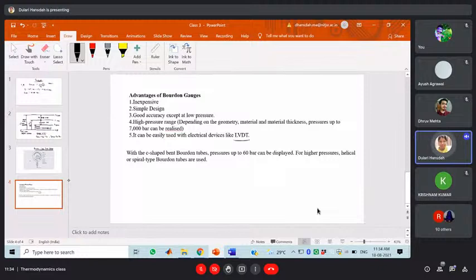Here, regarding geometry, I have mentioned that helical and spiral type Bourdon tubes can be used to increase the pressure that can be measured for any system. You can use this type of geometry for high pressure. So this is all about your Bourdon tube pressure gauge.